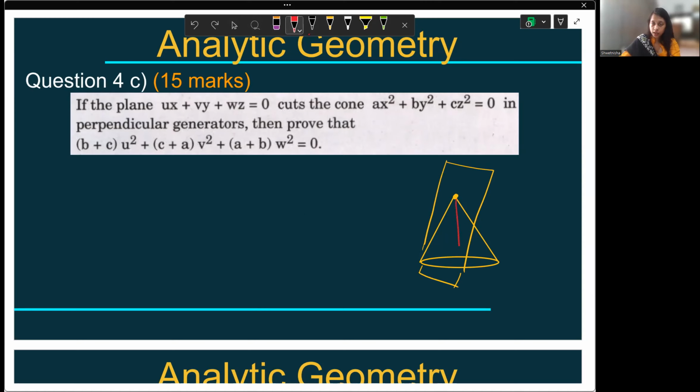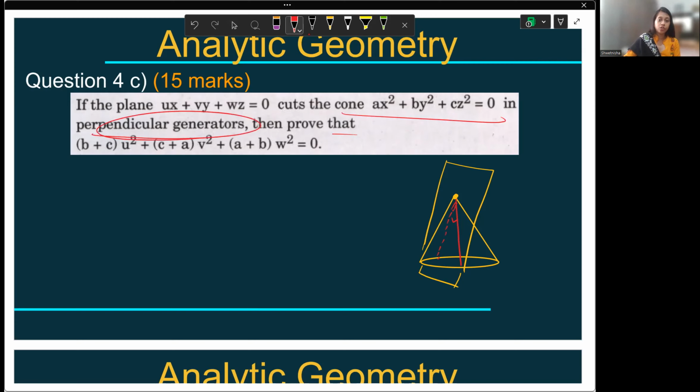That is this line and a line on the back side like this. So there are two lines and these lines are on the cone and they are on the plane as well. Now they are saying that these are perpendicular lines. These are generators of the cone.